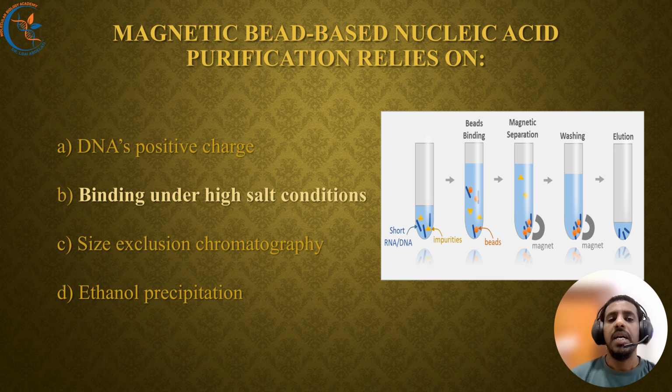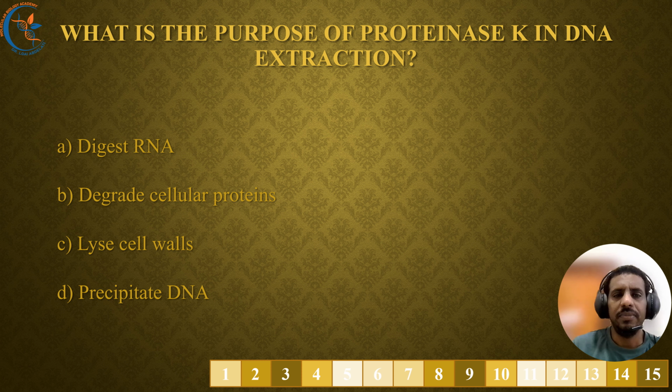Okay. The beads, now carrying the nucleic acid, are thoroughly washed to remove any remaining impurities. Then a magnetic field is applied to separate the beads from the wash solution, ensuring that only the purified nucleic acid remains. Finally, a low salt or water-based solution is used to release the nucleic acids from the beads, making them ready for downstream application. All right, let's move on.